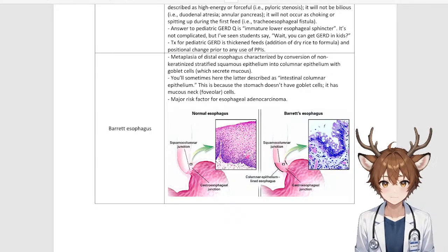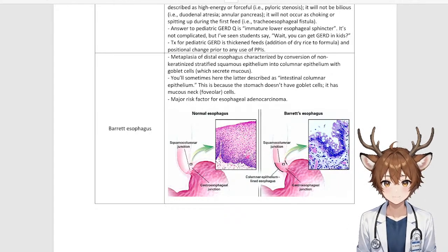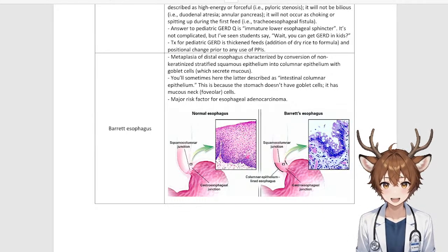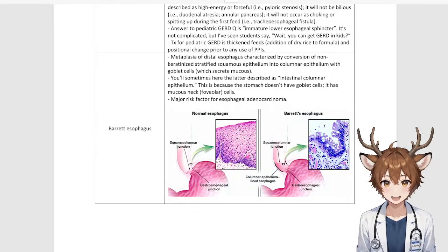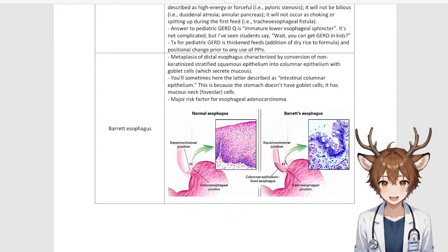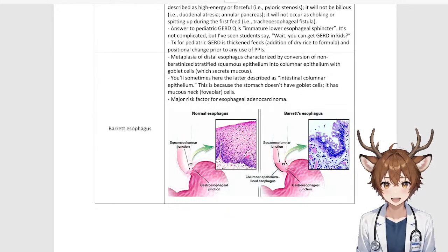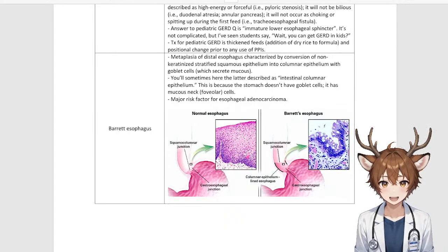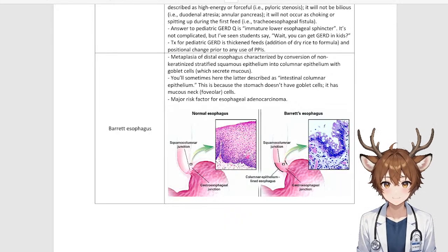In Barrett esophagus, you have this new addition of columnar epithelium in what would otherwise be the esophagus, which has normal esophageal epithelium that is normally squamous in nature. That's relevant to say because it looks like intestinal epithelium. It doesn't necessarily look like stomach epithelium.